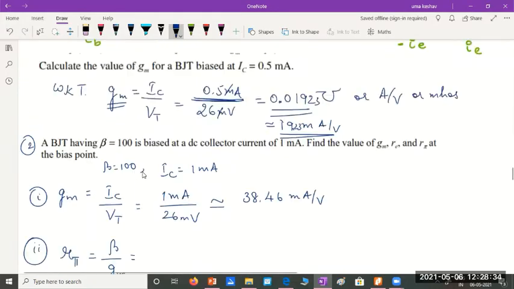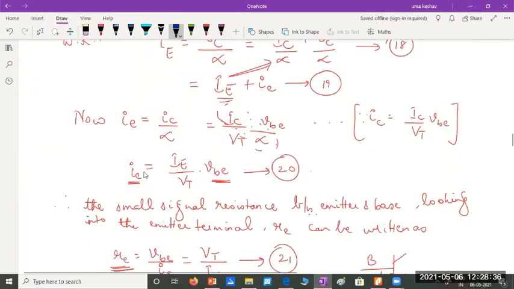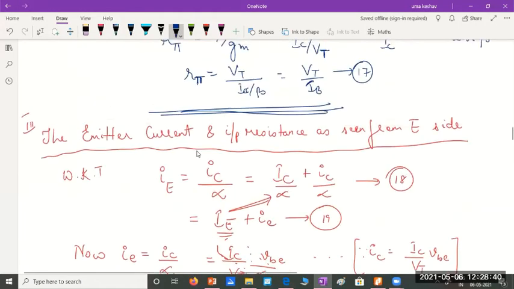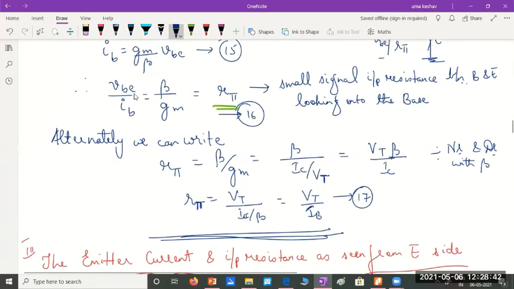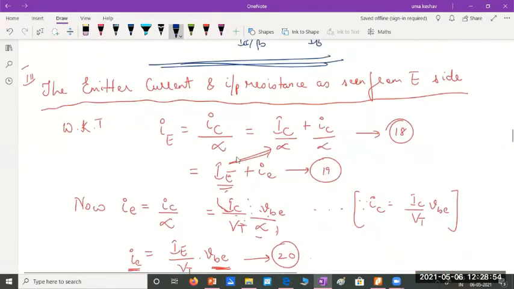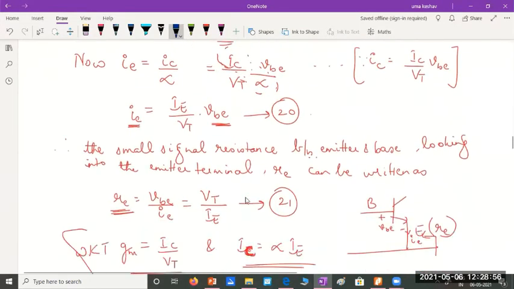How did we define r pi just now? VT by IC. Yeah, r pi could be written as beta by gm, or if you want, you can write VT into beta by IC. Since we have already found gm, it is easy for me to consider beta by gm. Okay.